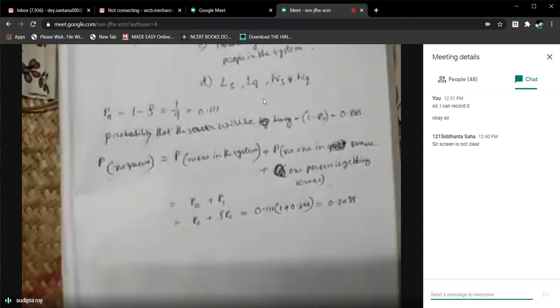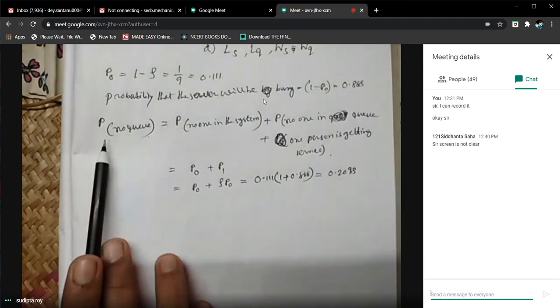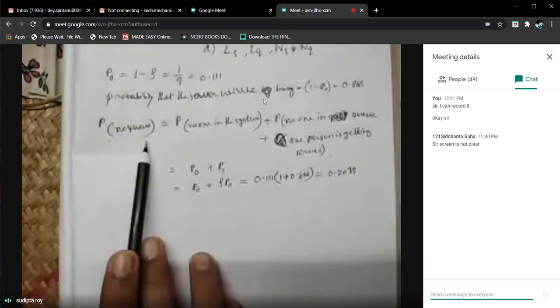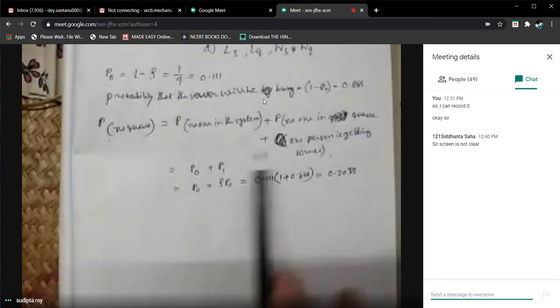So probability that there is no queue is 0.2098 or 20.98%. Okay, is the problem clear to you? This is how you have to think. If you have to find out any probability, then you have to think how we can achieve this probability. Here we can achieve in 2 ways. That's why I've written 2 probabilities separately.